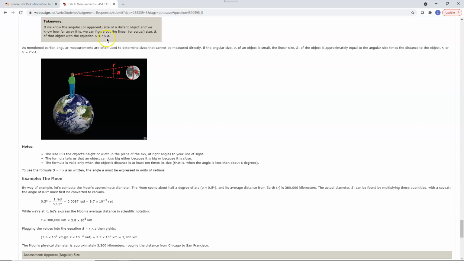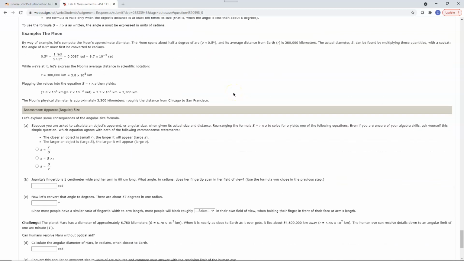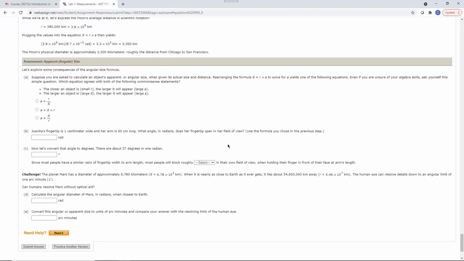A right here divided by R. So A equals S divided by R. If I'm looking for R, I will divide A off of it, and I'll have S divided by A giving me my R. So I can find out how far things are away, and I can also find out the angular diameter of different things. So using that to calculate, you can come up with different information.